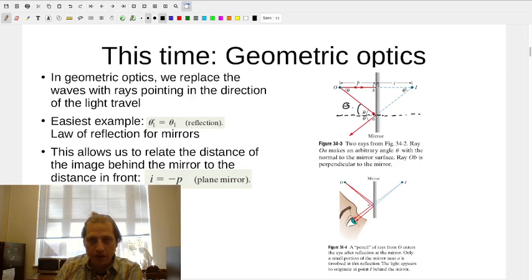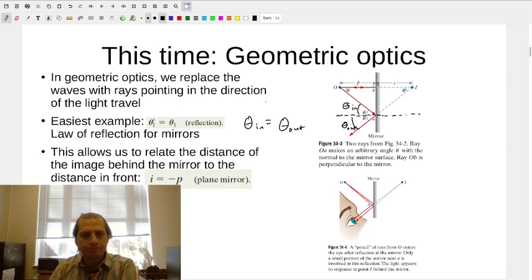There's my angle in, and then my light bounces back off of the mirror, and then I have a different angle, angle out. The law of reflection just says angle in equals angle out.